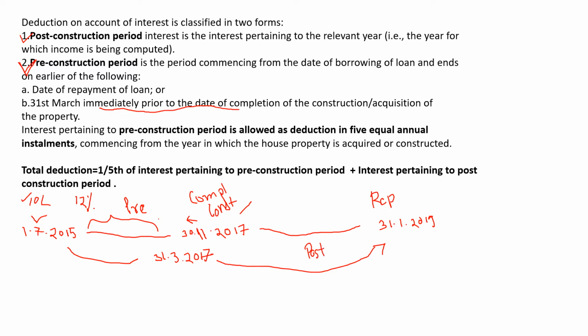So to calculate the pre-construction period interest, we will calculate the period from 1/7/2015 till 2015-16. From July, it will be 9 months till 31st March 2016. And from 1st April 2016 to 31st March 2017, it will be 1 year. So for this time period, we will find out the pre-construction period interest.